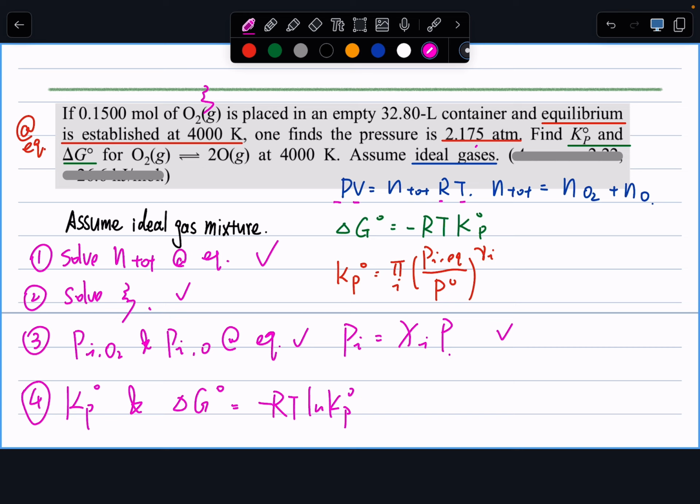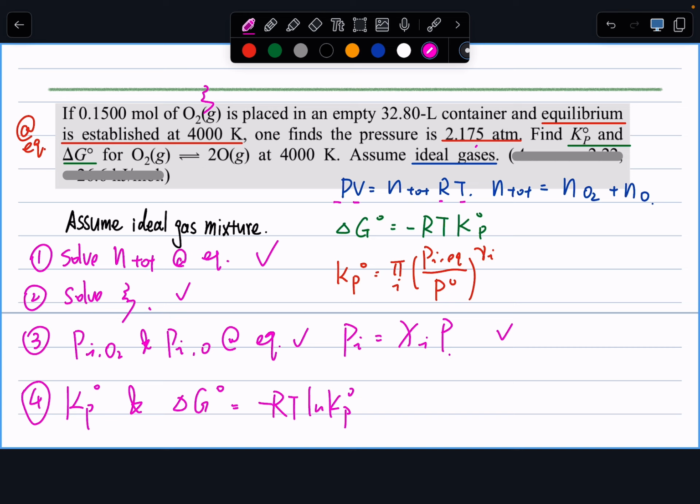The same applies to our partial pressure of elemental oxygen: that's total pressure times the change here, which is 2 times 0.0672 over 0.2172. And this is something we know. Right.